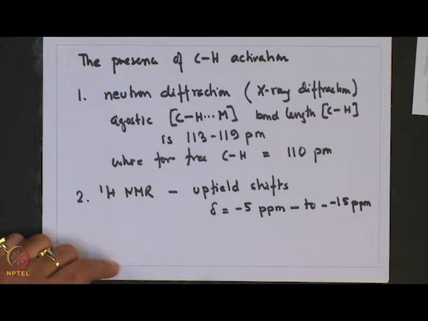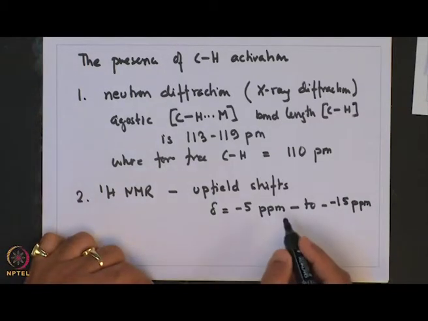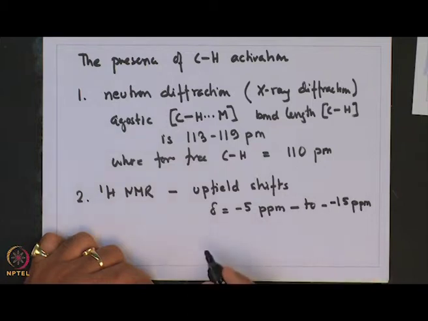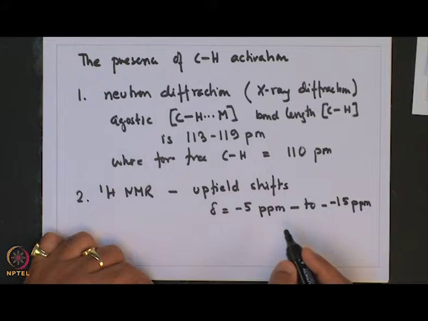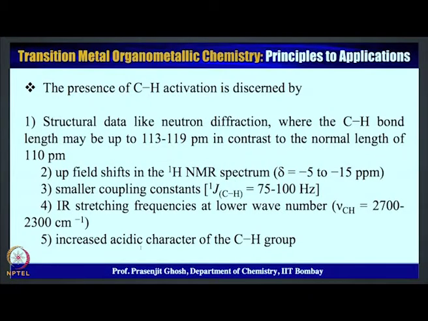So, this is really a very upfield shielded proton resonance, which can be easily picked up in proton NMR, as most of the other proton resonances appear between 0 to 10 ppm.